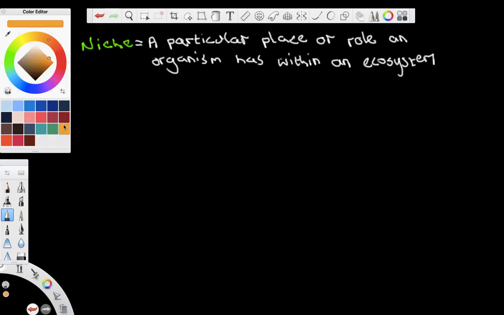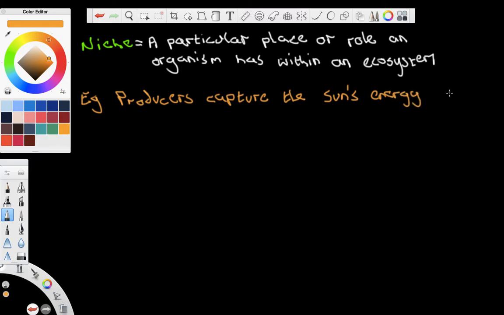So we can say, e.g., producers capture the sun's energy and carry out photosynthesis. Okay.